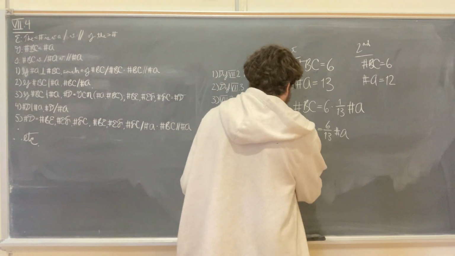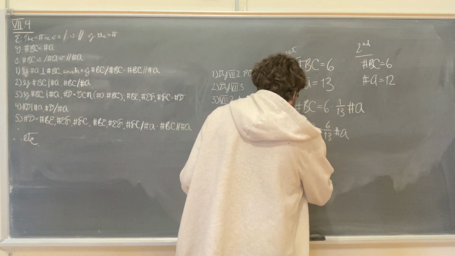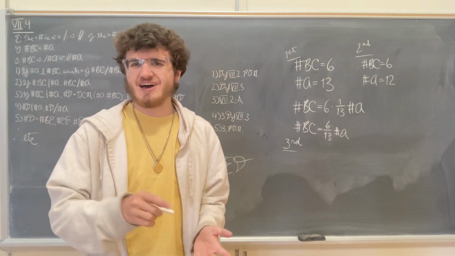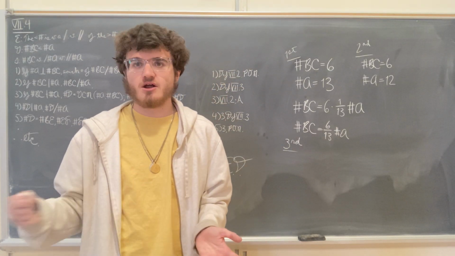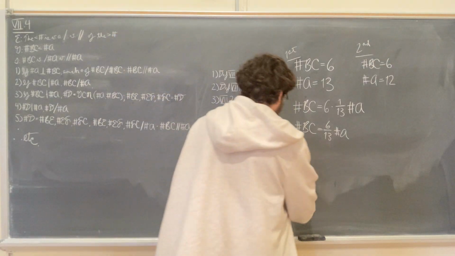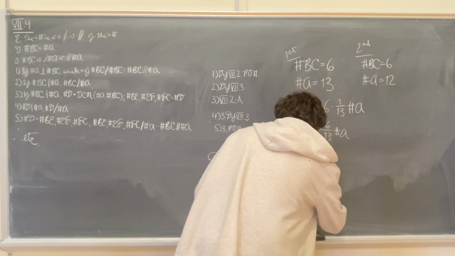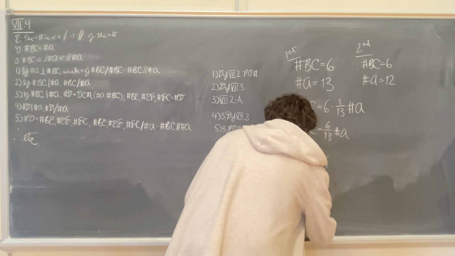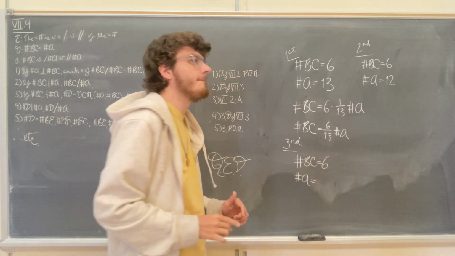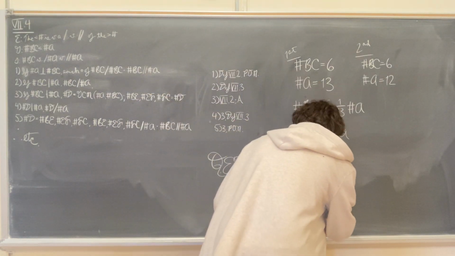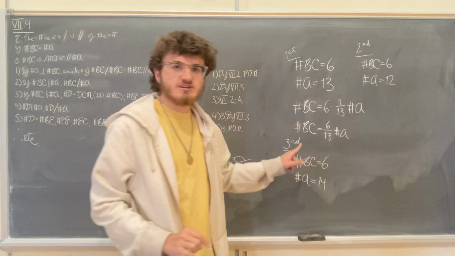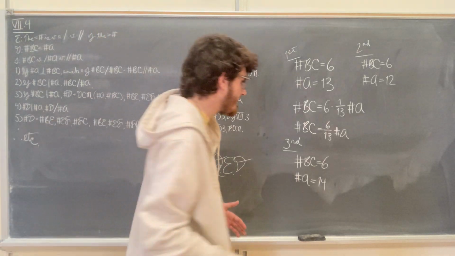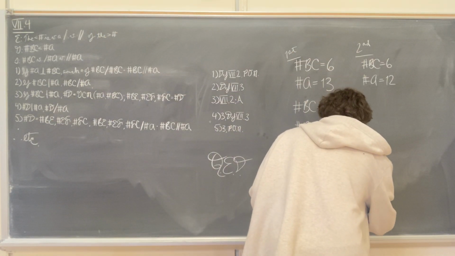Now, our third case, where the two numbers are not co-prime to each other, but the less does not also measure the greater. A case of this would be if BC is equal to 6 and A is equal to 14, let's say. Now, if this is the case, what we do is we take their greatest common measure or their greatest common denominator, and this is going to be 2 here.